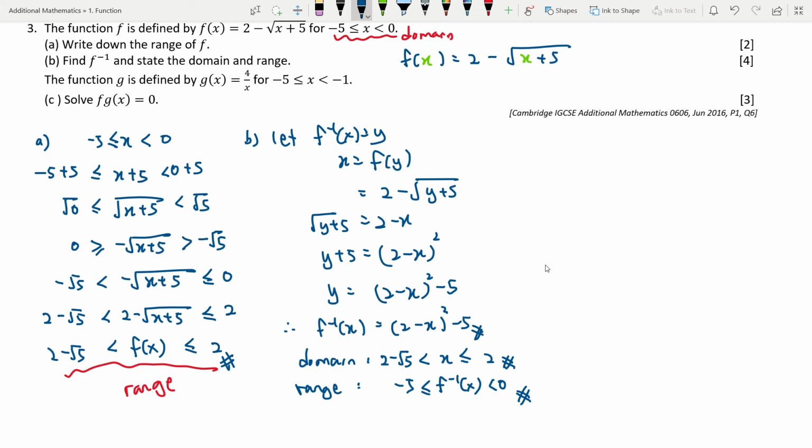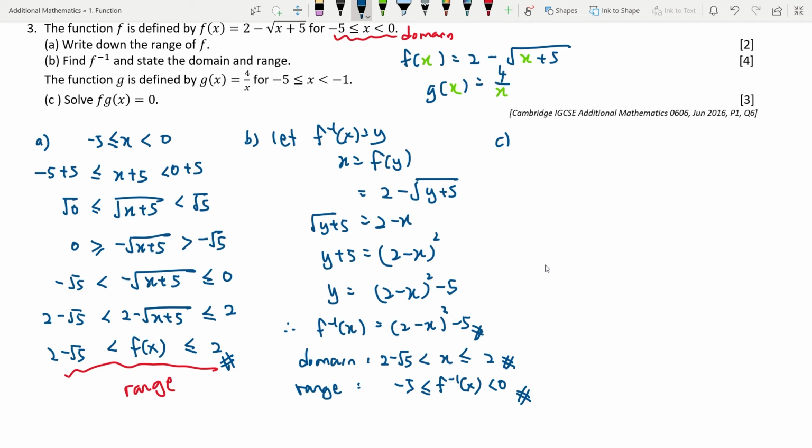The function g is defined by g of x is equal to 4 over x, for x is greater or equal to negative 5 and x is less than negative 1. Solve f of g of x equal to 0.